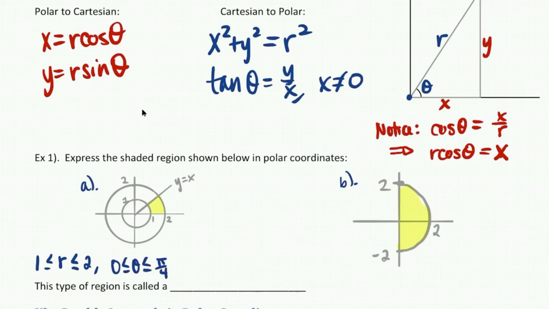So if we were going to sketch the equivalent region in the r theta plane, let this be r and this be theta, then r goes out to 2, and theta goes up to pi over 4. Oh, sorry, r starts at 1 and goes to 2. So it's going to give us this rectangular region in polar.